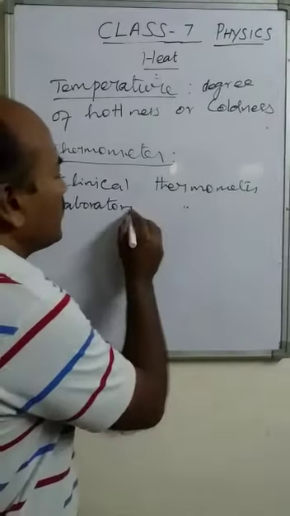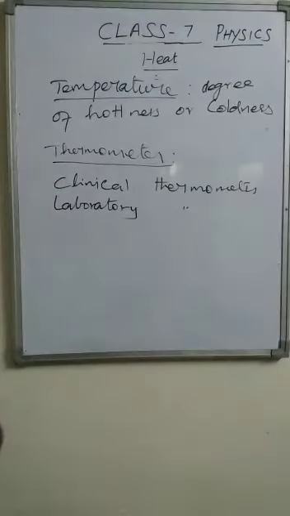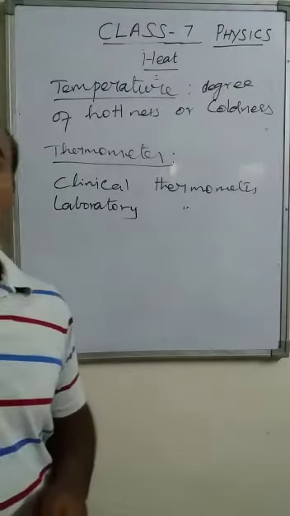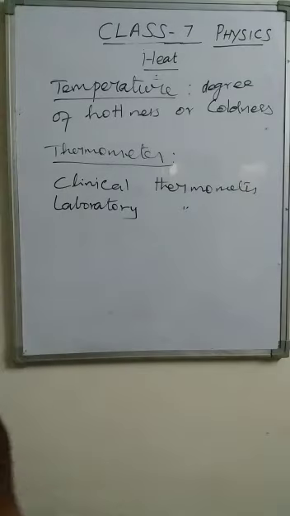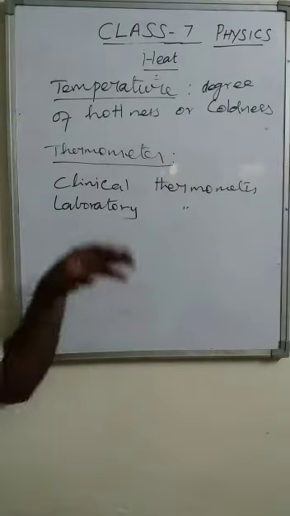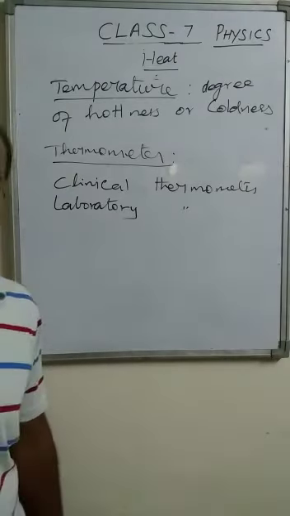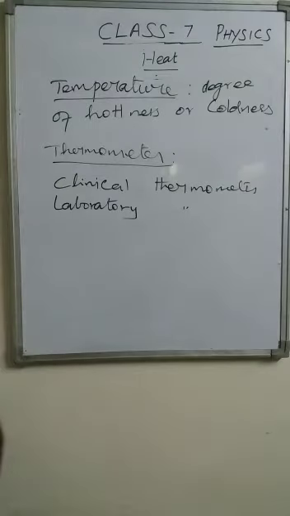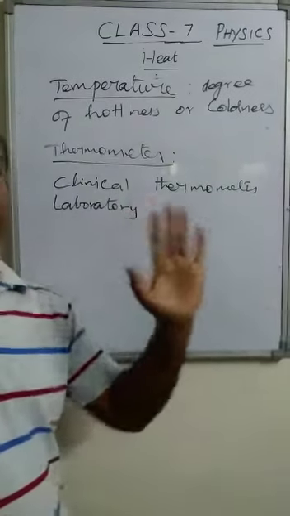Laboratory thermometer is used to measure the temperature of anything, any object. Suppose we have water in a container, its temperature can be measured. That temperature is measured by using laboratory thermometer.